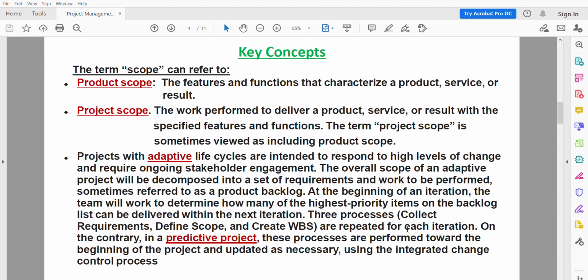The completion of the project scope is measured against the project management plan, while completion of the product scope is measured against the product requirements. This is one of the differences between product scope and project scope. The term requirement is defined as a condition or capability that is required to be present in a product, service, or result to satisfy an agreement or other formally imposed specification.